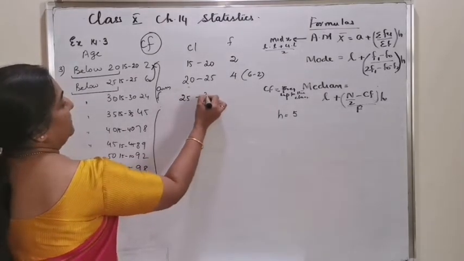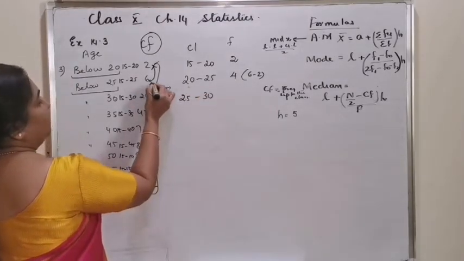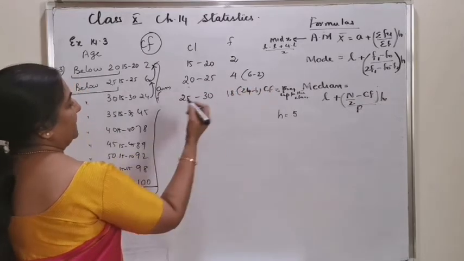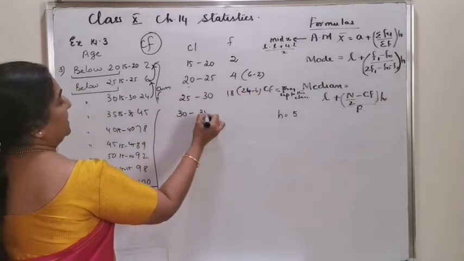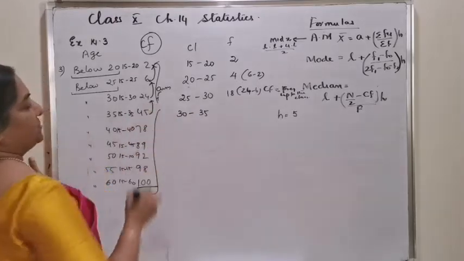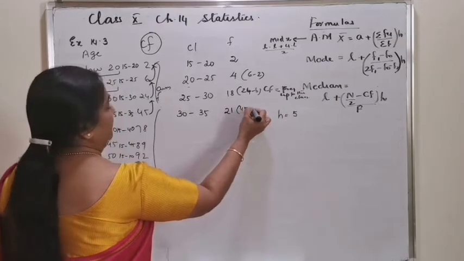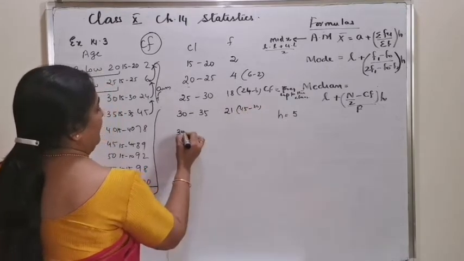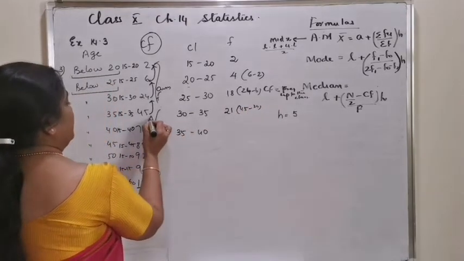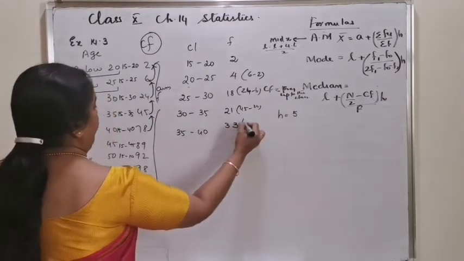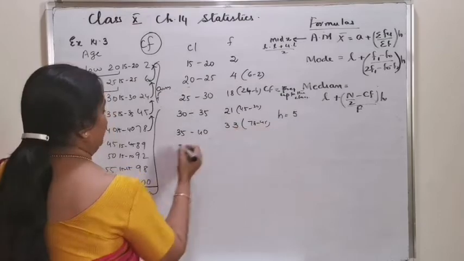Now next, 25 to 30 is 24 minus 6, 18. Next, 30 to 35 is 45 minus 24, which is 21. 35 to 40 is 78 minus 45, which is 33.